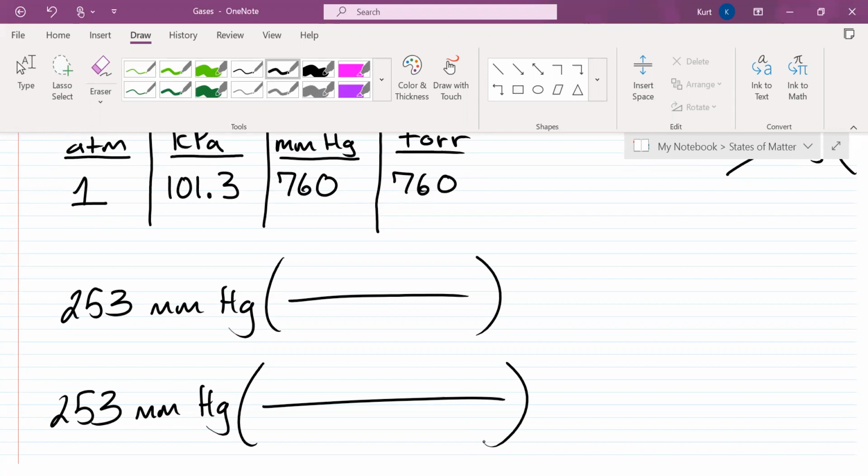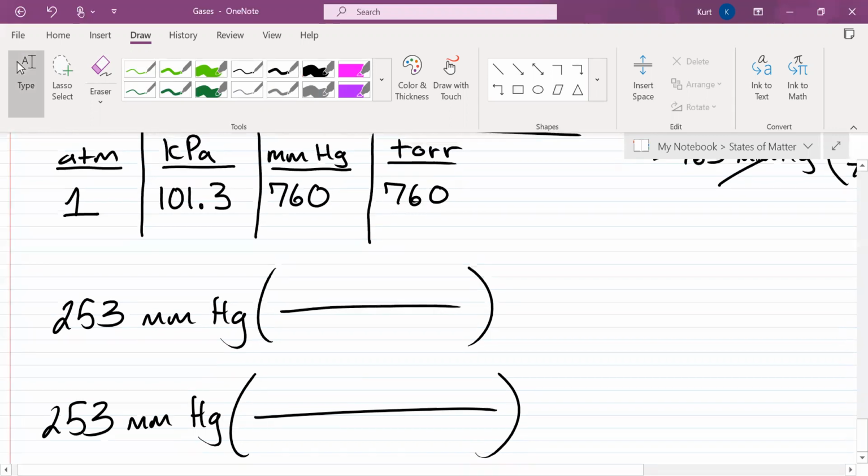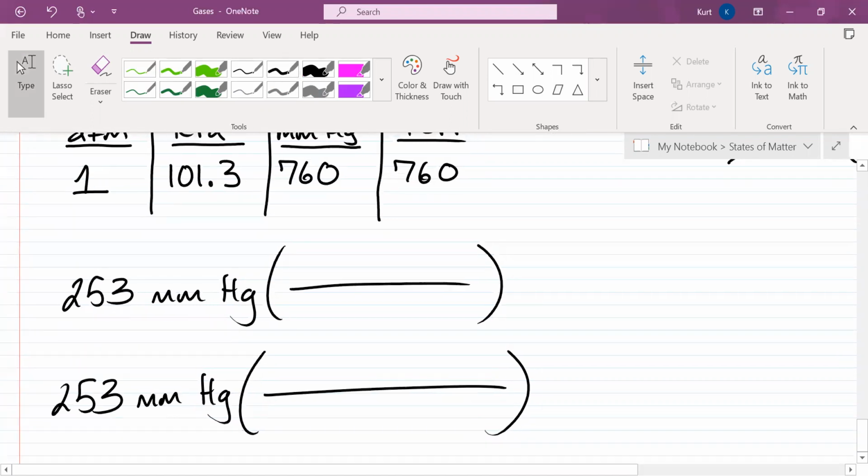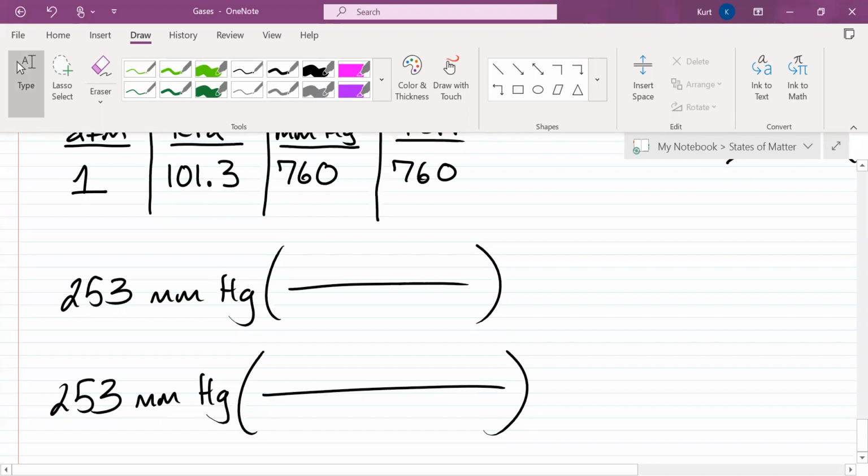So, Kendall, what did you do? Do you want to do kilopascals or atmospheres? Okay, so what conversion did you do? I did 1 atmosphere over 1. No. I gave you 253 millimeters of mercury, so you need to convert millimeters of mercury to atmospheres. Let's do atmospheres.